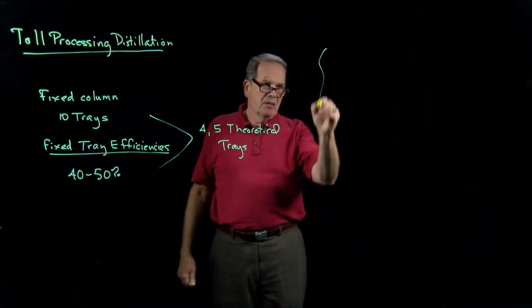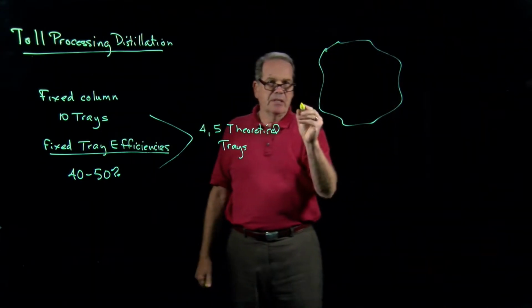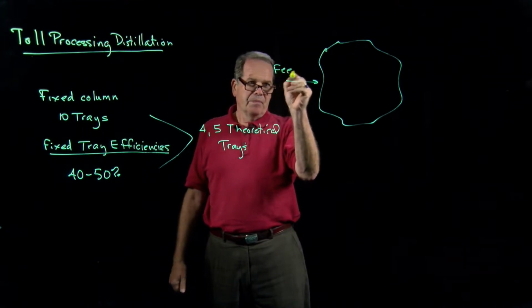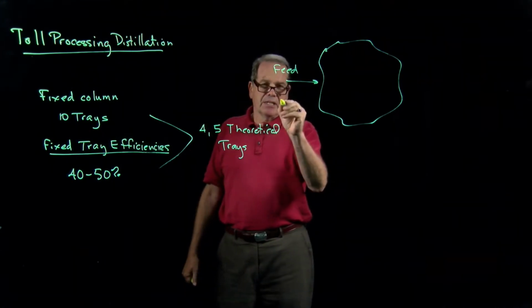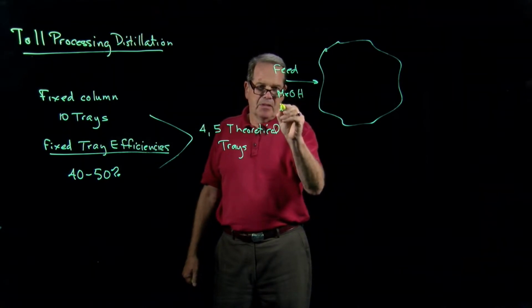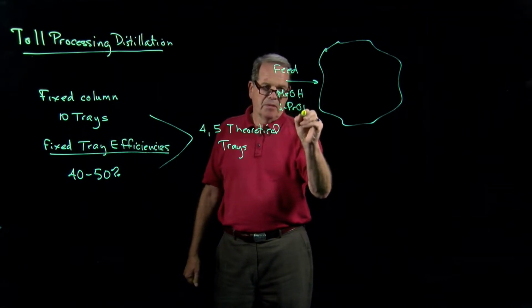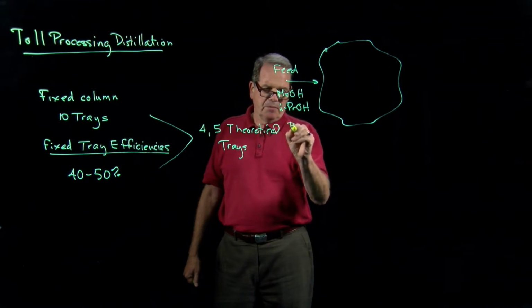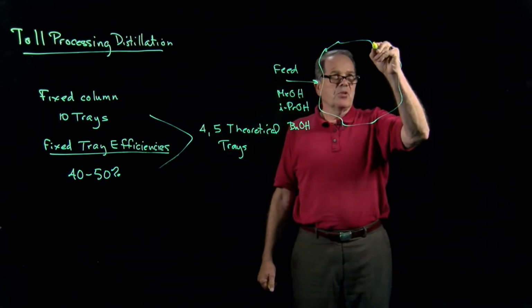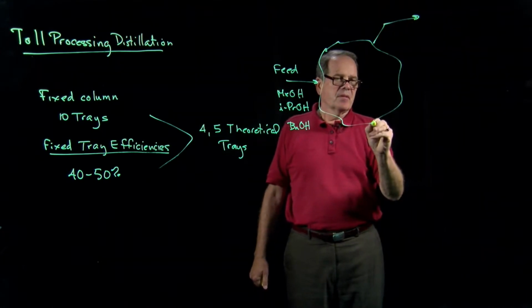We've got this big cloud of a process, and here's our feed stream. And it's got methanol, isopropanol, and a little bit of butanol going in. And I want to get 2 products going out.